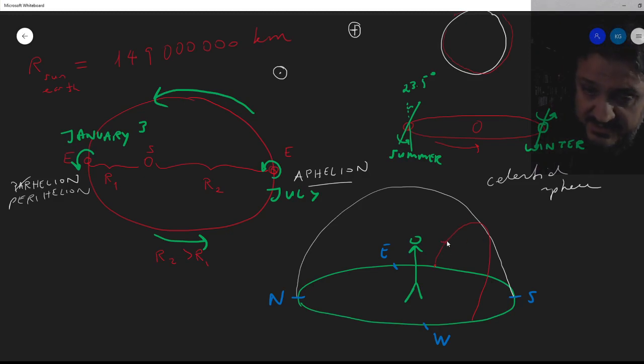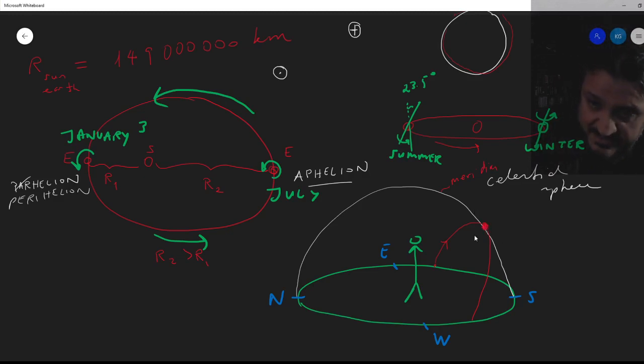So it rises here. At noontime, it's not above us, but imagine a line from south to north. This line actually, which is called the meridian, in the middle. So you have equal on both right and left. That's where the sun is.